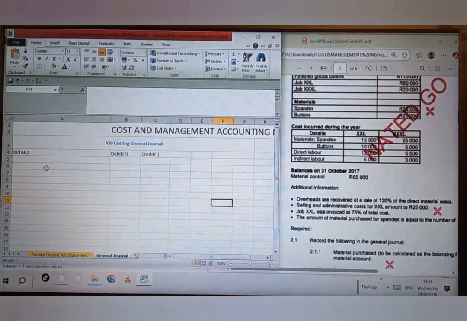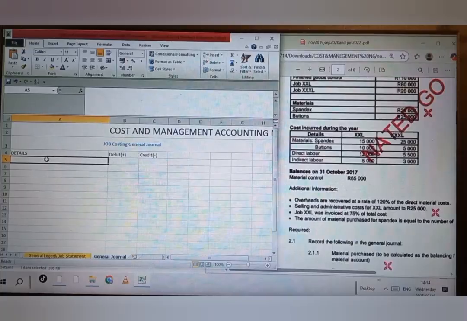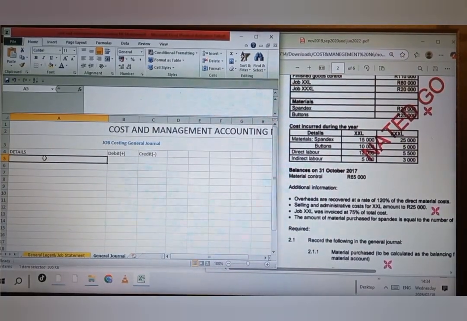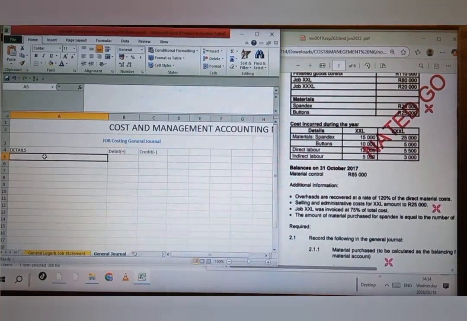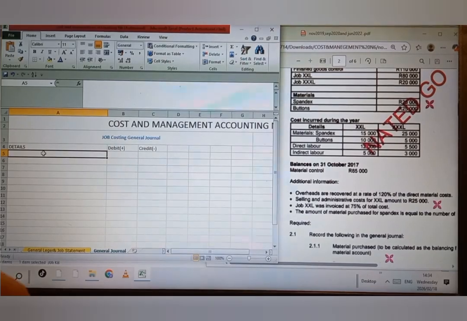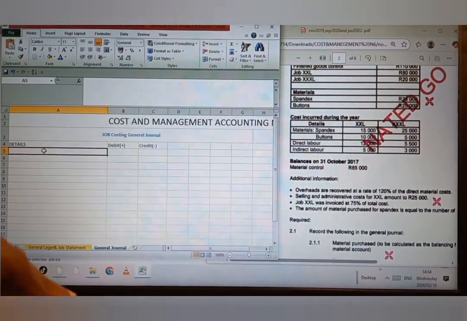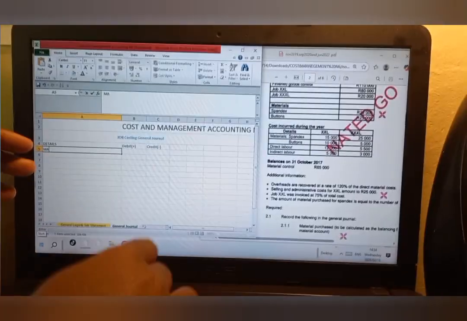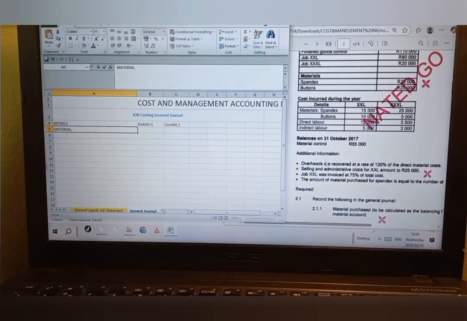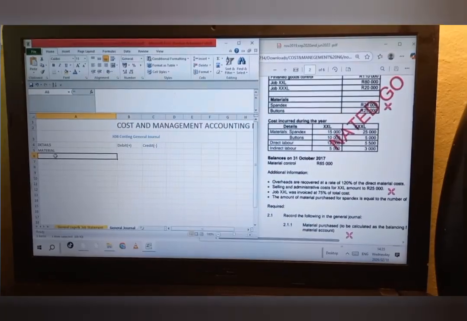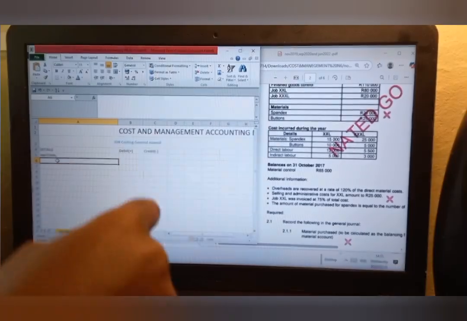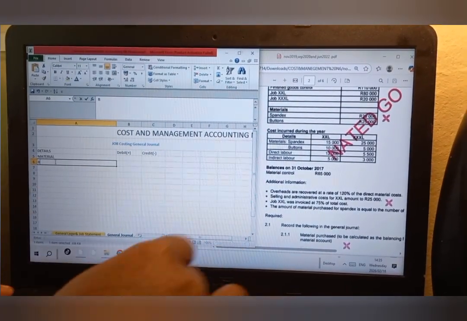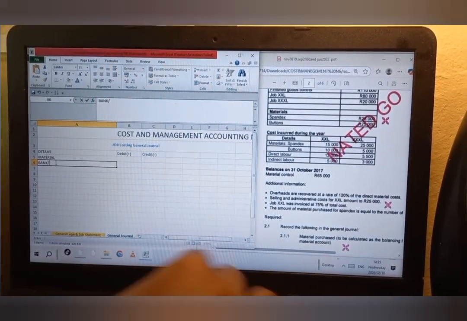2.1.1 tells us that material purchased. So the account that will be debited, it's material because our material increases. As a business, we went to buy material. So it will be material. Obviously, we need to calculate the material purchased. And then the account that will be credited is bank or creditors.